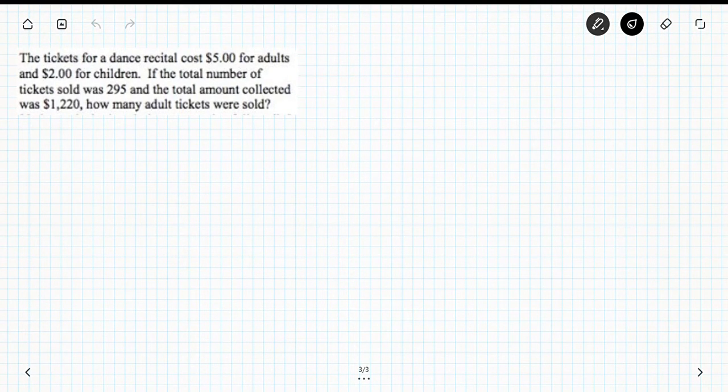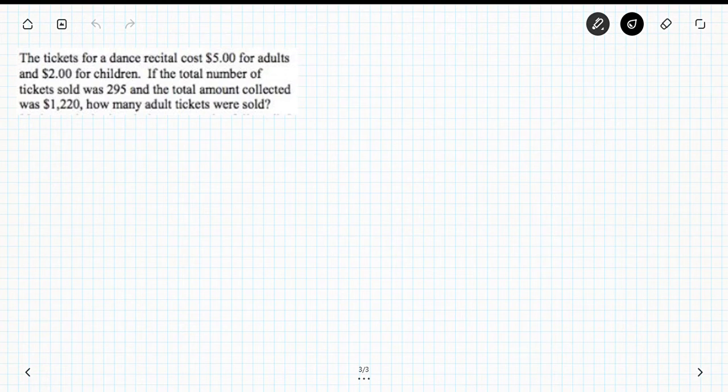Alright, in this next problem we have tickets for a dance recital that cost $5 for adults and $2 for children. If the total number of tickets sold was 295 and the total amount collected was $1,220, how many adult tickets were sold? Okay, so this is nice.